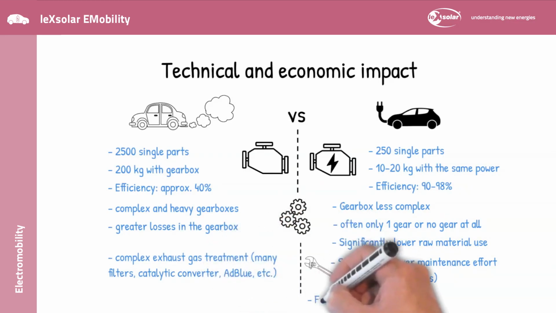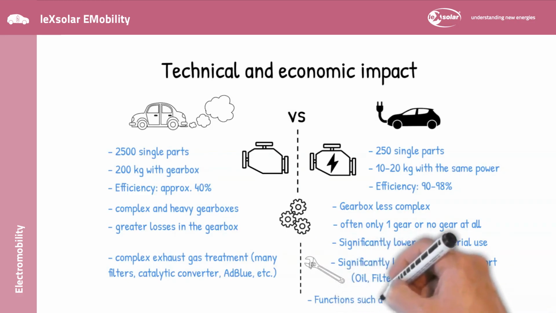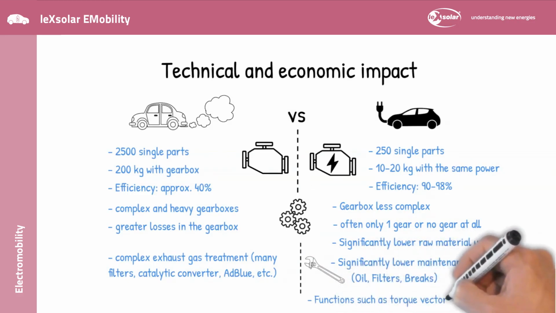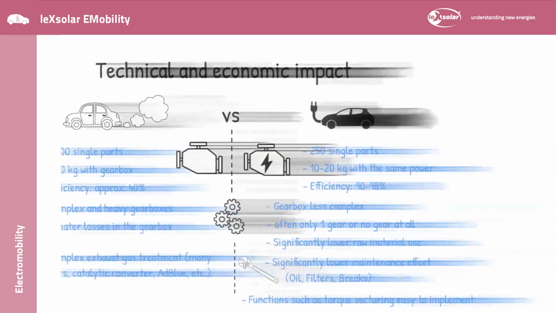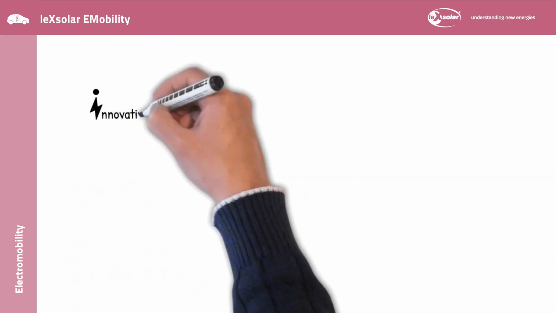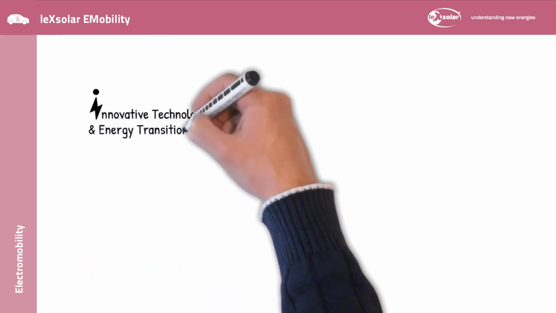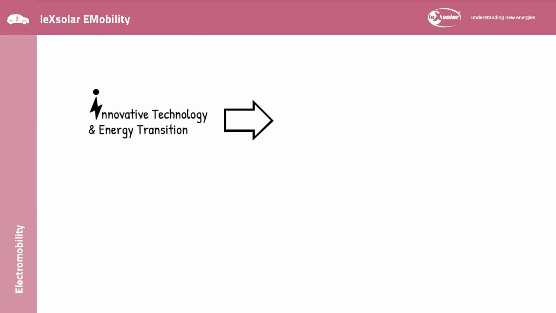Technical functions such as torque vectoring, in which torque is distributed differently to the individual wheels of the vehicle in order to obtain driving dynamics advantages depending on the driving situation, are much easier to implement in electric cars, in some cases without extra components.